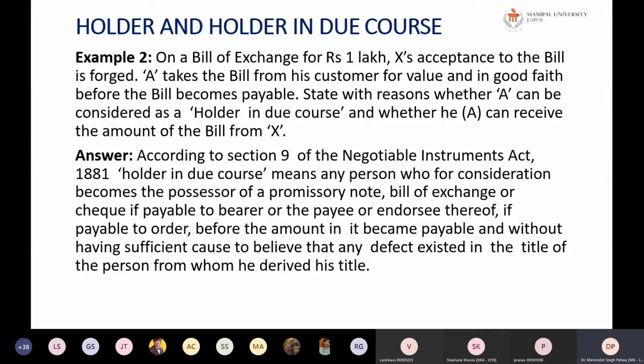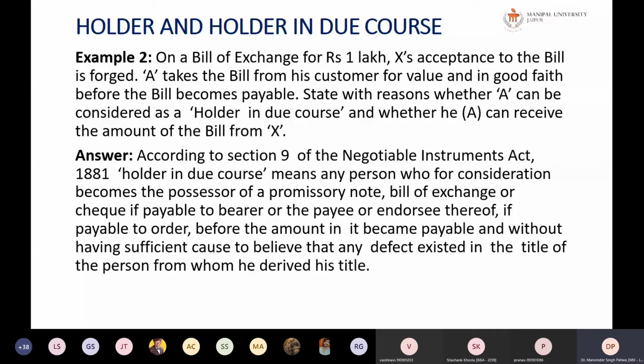According to section 9 of the Negotiable Instruments Act, holder in due course means any person who for consideration becomes the possessor of a promissory note, bill of exchange or check if payable to bearer, or the endorsee thereof if payable to order, before the amount in it becomes payable and without having sufficient cause to believe that any defect existed in the title.